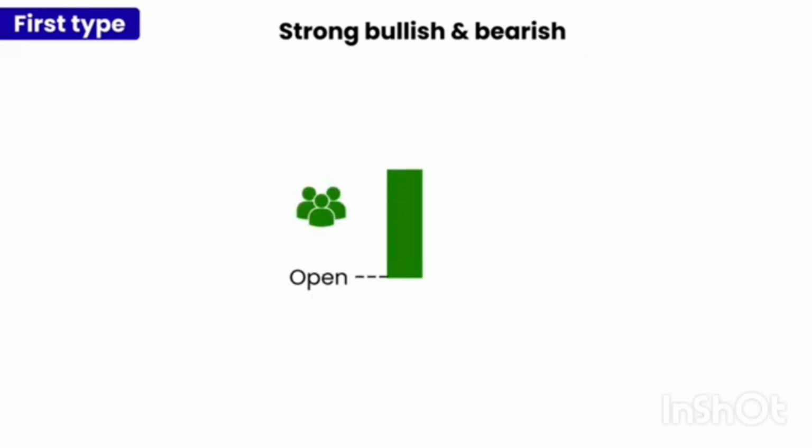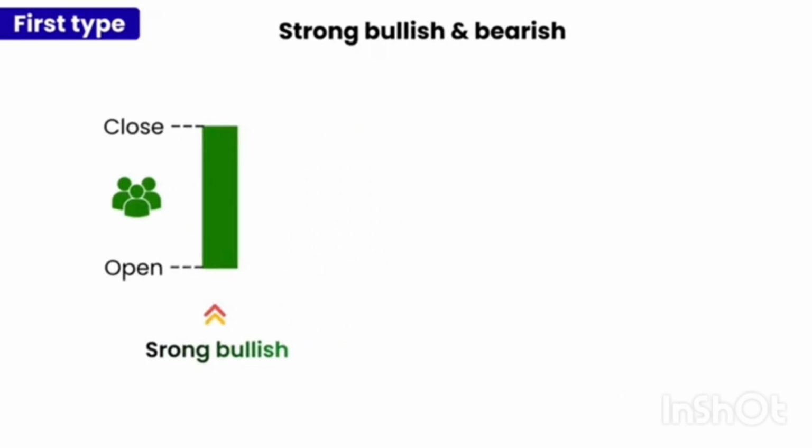Suppose the price opens lower, buyers push it upward, and it closes near the highest point. This is called a strong bullish candle because buyers completely dominate the market. How do we know sellers were absent? Imagine another candle where buyers initially push the price higher, but before the candle closes, sellers enter and push the price slightly lower.